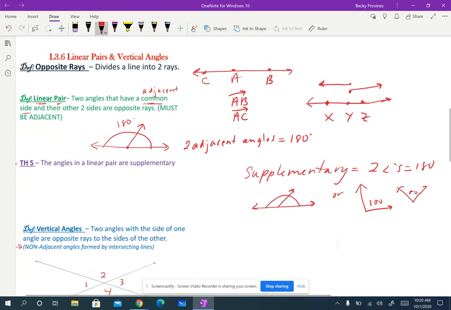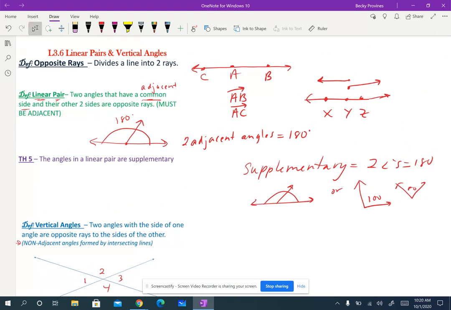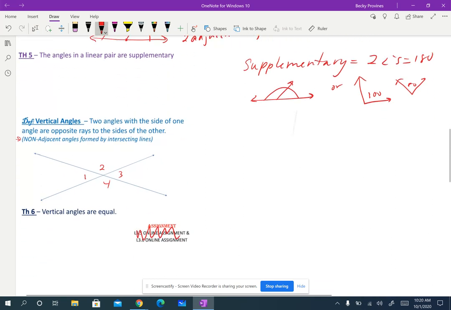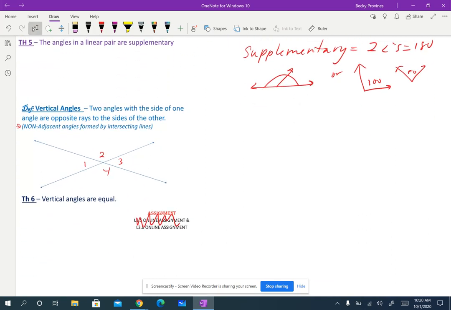So remember, we said what adjacent was. Adjacent appears when they have a common side and a common vertex. So if I'm looking at this, 1 and 2 are adjacent, but 1 and 3 are non-adjacent. So you have intersecting lines that are non-adjacent.